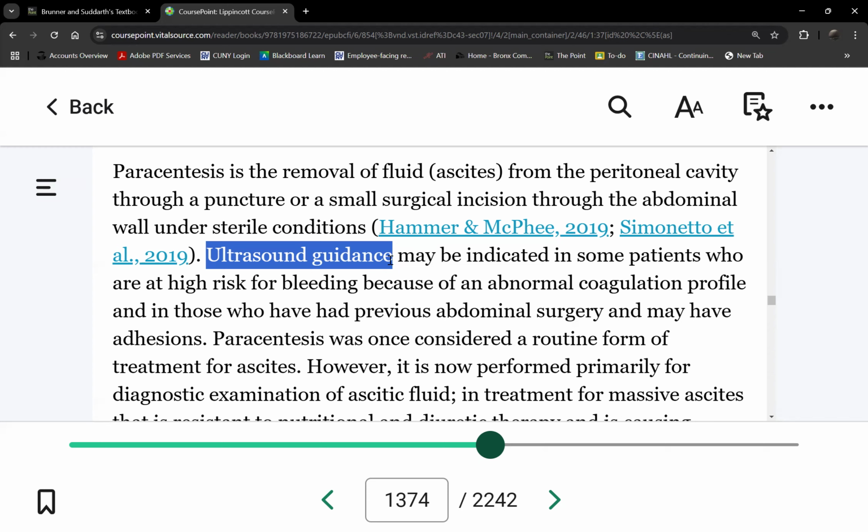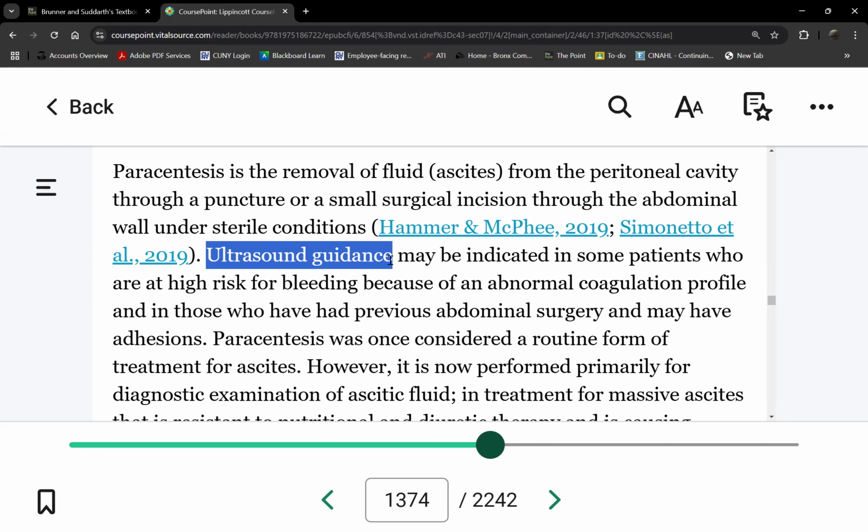So the purpose of the ultrasound guidance is to map where the largest pocket of fluid is, because we can't insert multiple needles. We're only going to insert one. So we want to maximize the drainage of that insertion site, hence the ultrasound mapping.